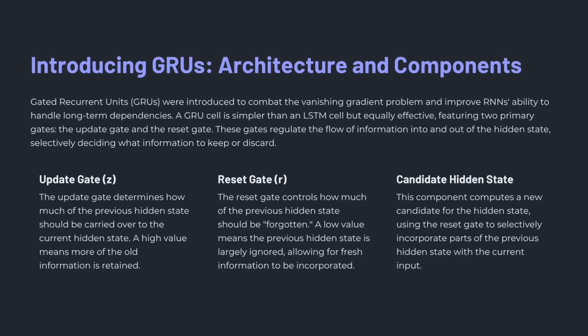If it's low, the past hidden state is mostly ignored and the model focuses on the new input. These gates give GRU the power to model both short-term and long-term dependencies effectively. Compared to other models like LSTM, GRU are simple, fast, and often just as powerful.